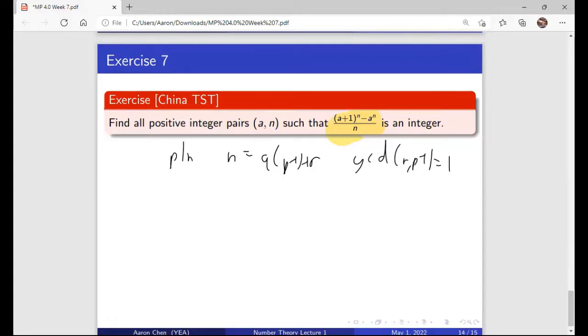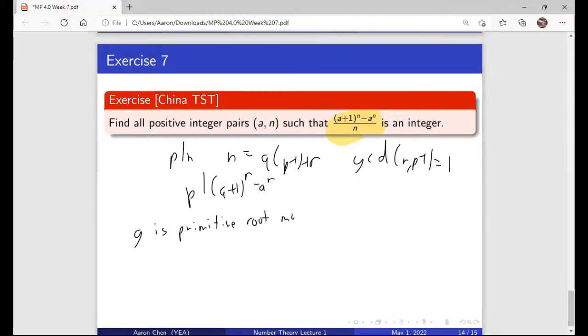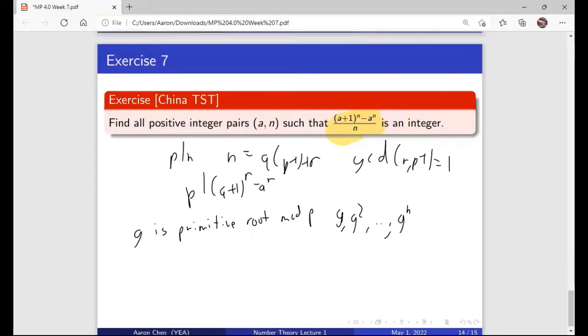The given condition basically tells us that p divides (a plus 1) to the r minus a to the r. So now we let g be a primitive root mod p. And so we have that g, g squared, up to g to the p minus 1 give all residues except 0 mod p.